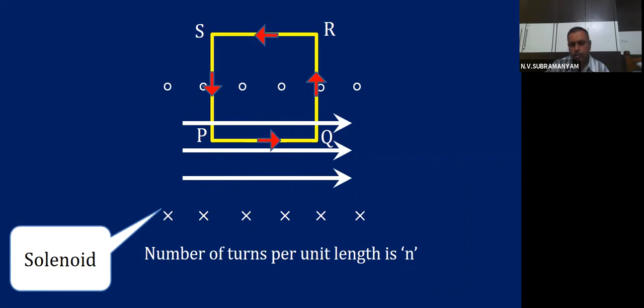So this we will use in the later part of our derivation, children. Please remember. Okay. So I have considered the closed loop PQRS. Now from P to Q, let the length be L. So in the diagram, PQ length is L, children. Okay. PQ length is L.